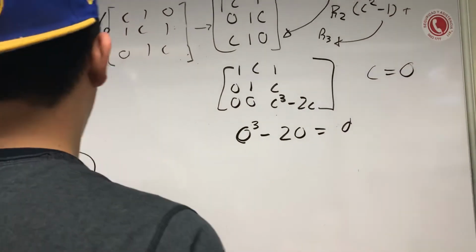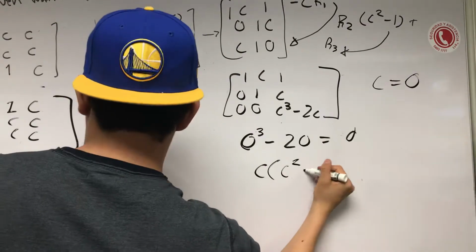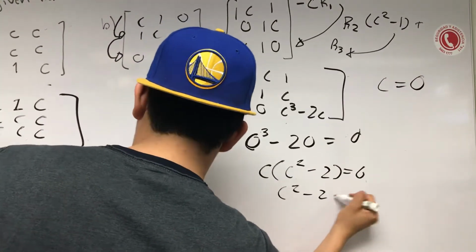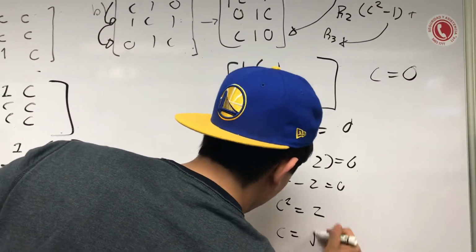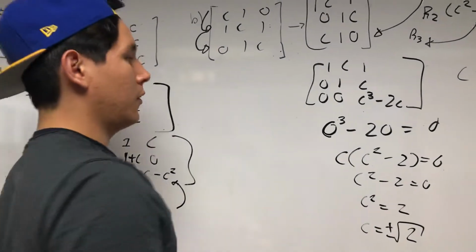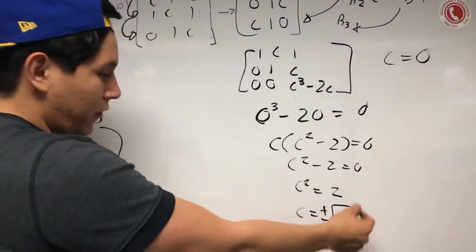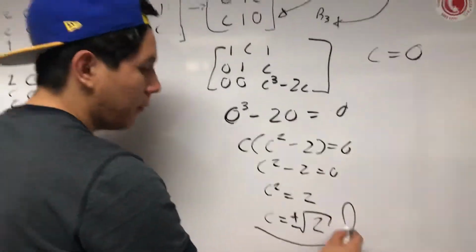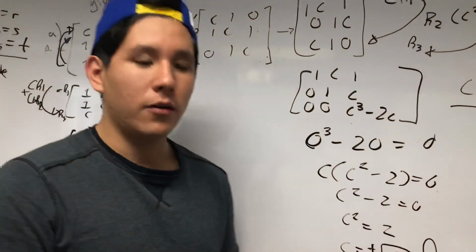The next step is this formula, and we know that c can also not be plus or minus the square root of 2. So these are our non-invertible values for our matrix. So that is all for the video today.